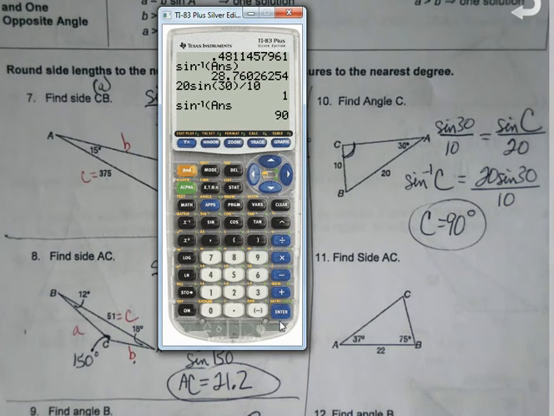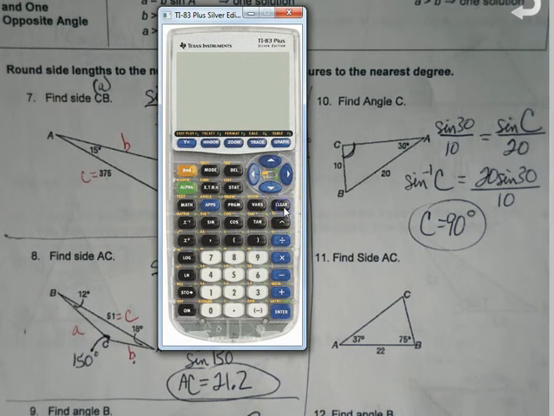Now, for those of you that like to be speed demons and not do multiple steps, do it all at once. You can on these. But here's the danger. I could do this right away when I type this in. The danger becomes if you forget a parenthesis, it's going to go crazy.